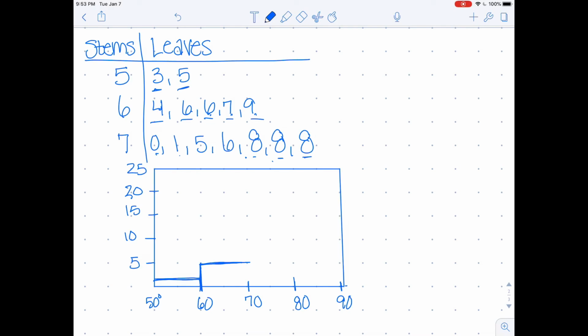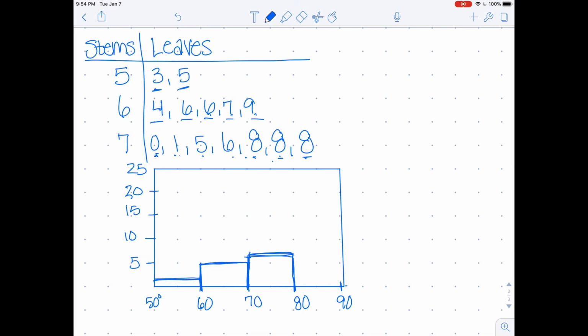So I'm going to draw a line up to the 5 times, draw a bar down to the 70. Then we need to know how many numbers are between 70 and 80. So I've got 1, 2, 3, 4, 5, 6, 7. I'm going to draw a bar up to where I think 7 is, down to 80, and there we go.